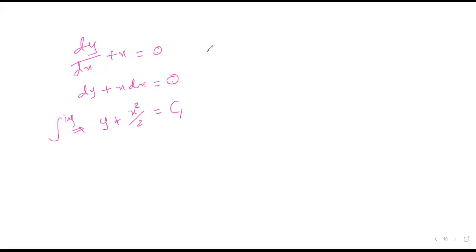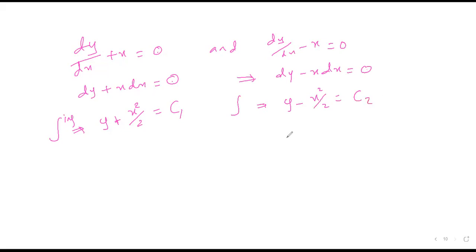Okay. And I also have another one, dy over dx minus x equal to 0. I wanted to show you the idea, so I'm just doing it myself. You just copy and understand. So if you integrate again, you will get y minus x squared by 2 is equal to another constant C2.